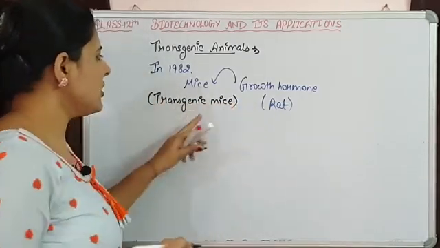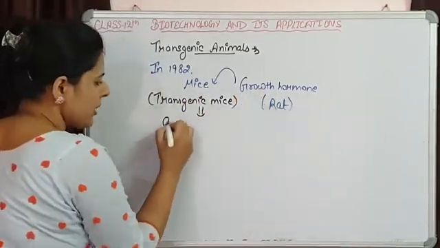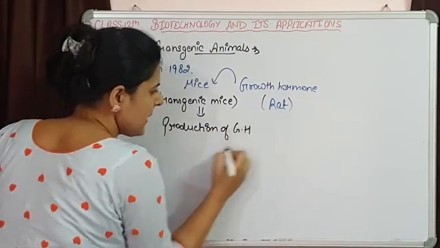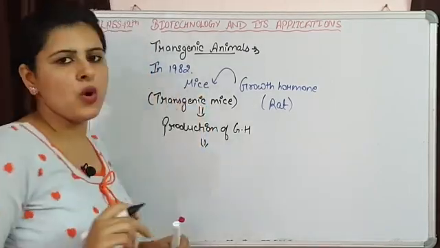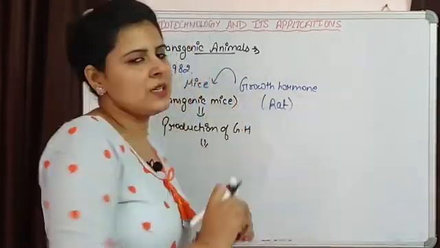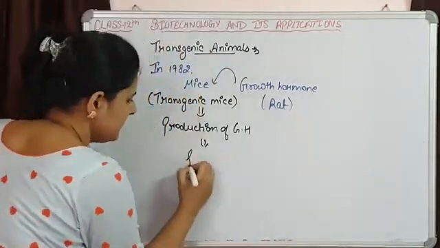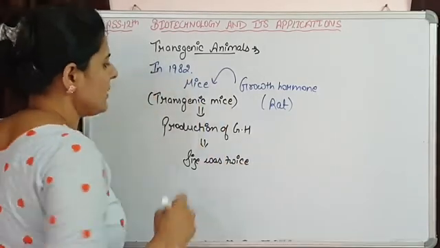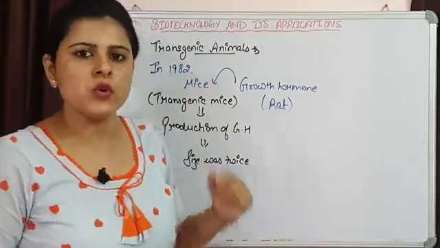Now, this transgenic mouse had the gene to produce growth hormone. So production of growth hormone was there, and because of more production of growth hormone, the size of the mouse was twice as compared to the normal mouse. It grew to twice its normal size. This was the first transgenic organism that was produced.